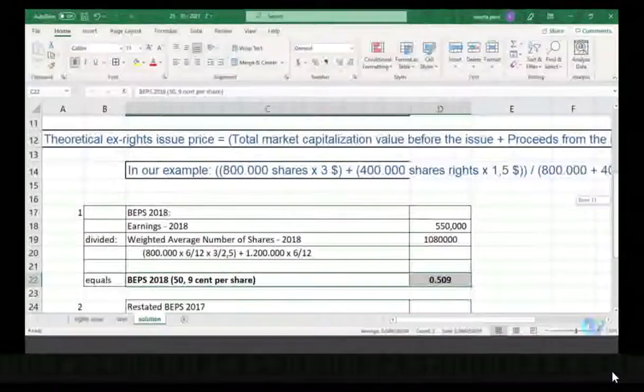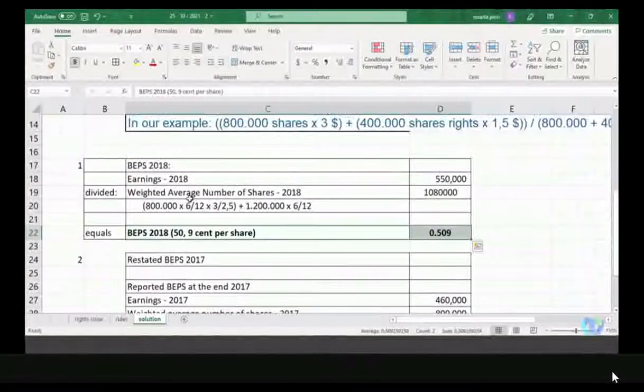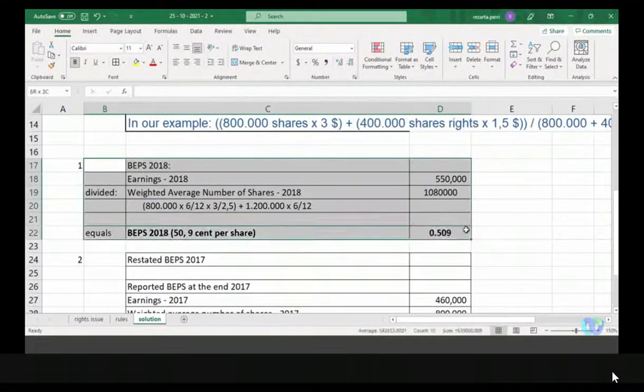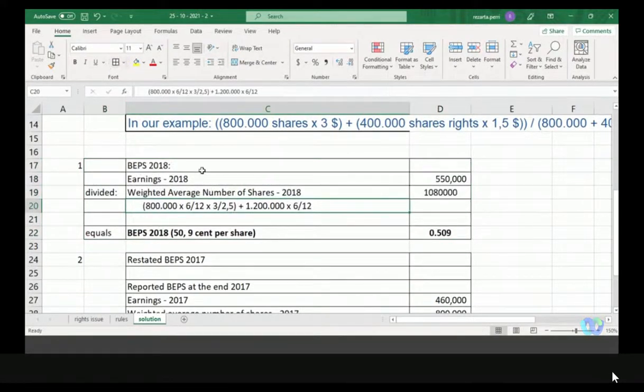Let's go on with calculating basic earnings per share first in 2018. Pretty simple. The earnings are readily available. The weighted average number of shares, this is what deserves more explanation. Over here, we apply not only the time factor, but also, as you can see, it is important to apply the multiplying factor as well. Okay?